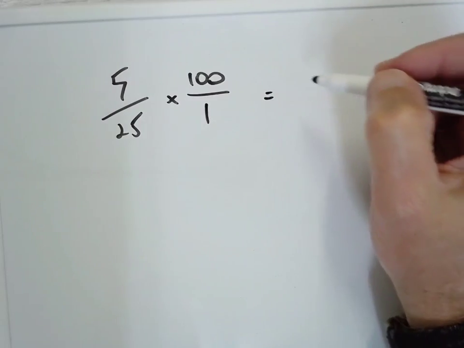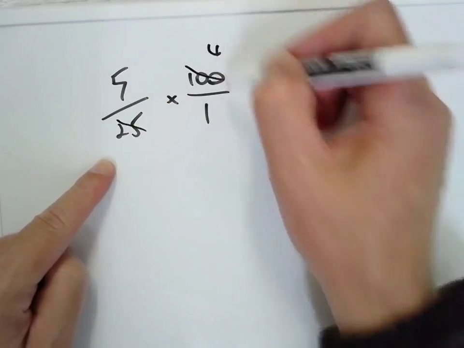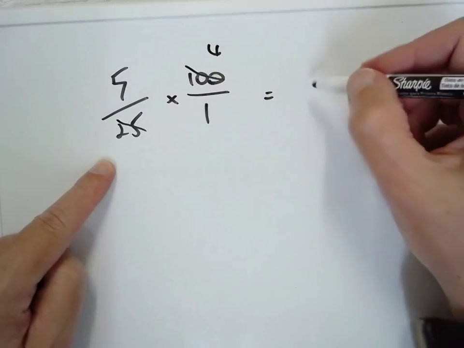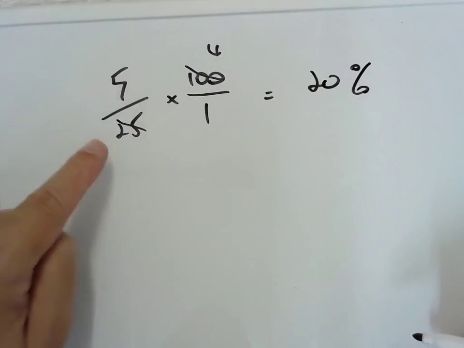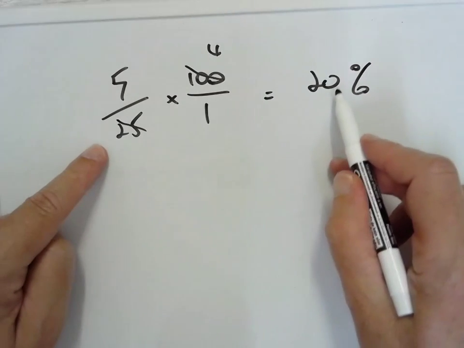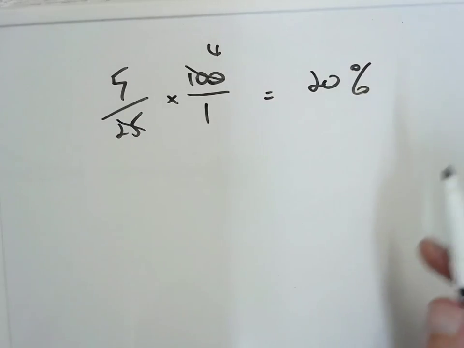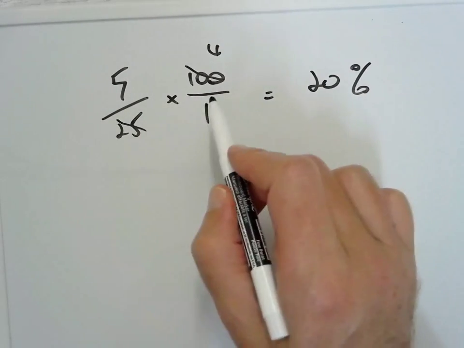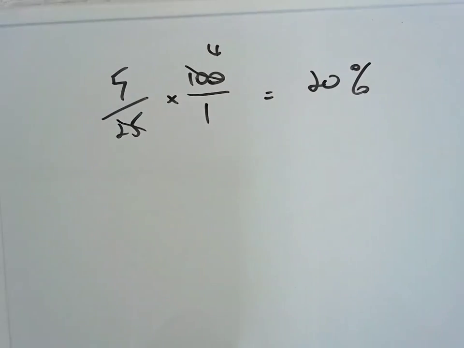And let's do it manually because we love fractions. 25 goes into 100 4 times, and then 5 times 4 is 20%. So if I got 5 out of 25, I only actually got 20% of the questions correct. Not the best, but anyway, that's okay. See this, I did that in my head, but if you need to, you can use a calculator. Just whack it in the calculator, it will give you the answer.